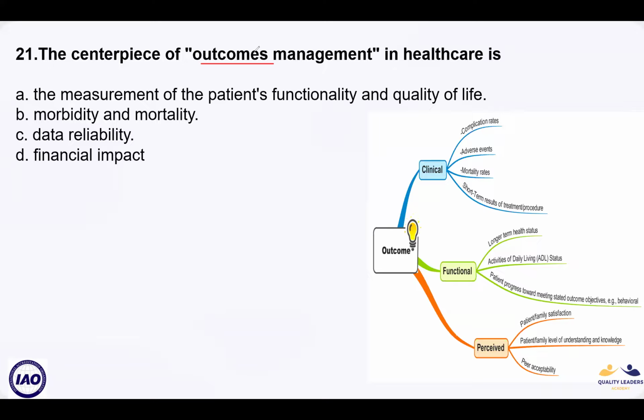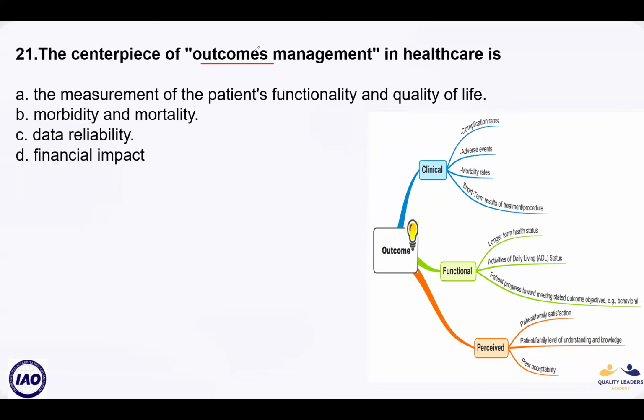This term was coined by Paul Elwood. It is about systematic measurement of the functioning and well-being of the patient. How is the patient functioning and living as a result of the care they have received? For example, two patients undergo hip replacement, both are successful, both survive, both get discharged, both have the same clinical outcome, which is what you as a provider think about.